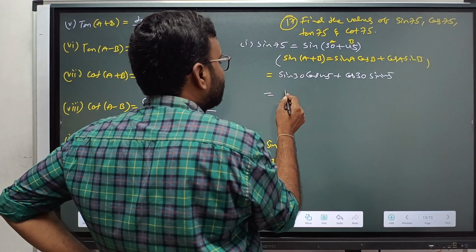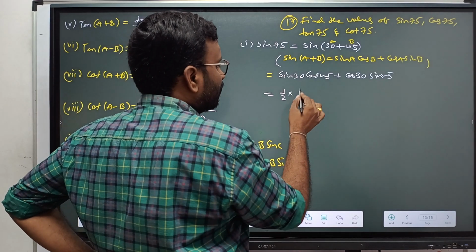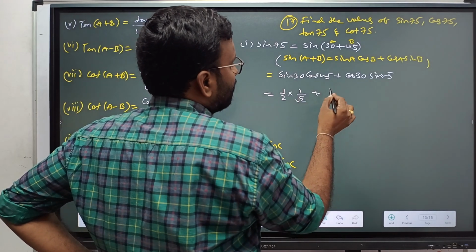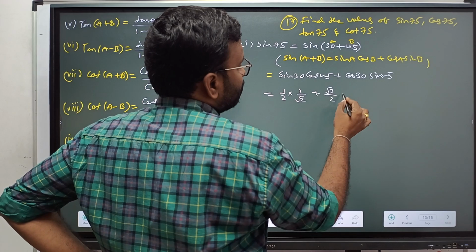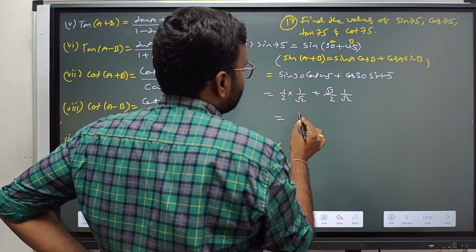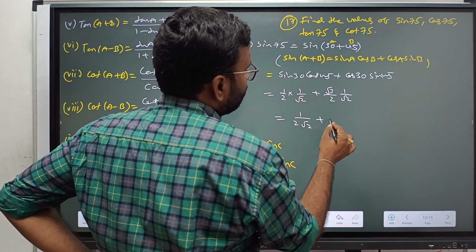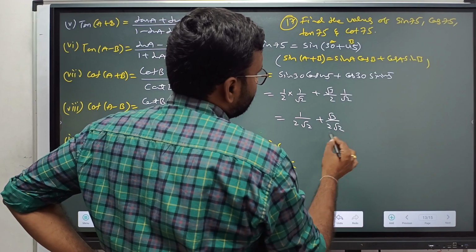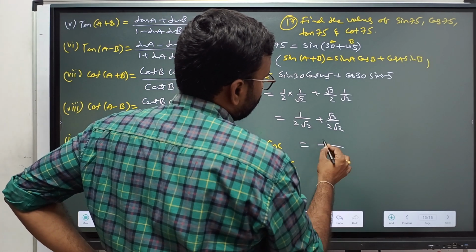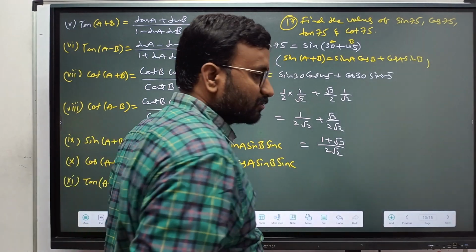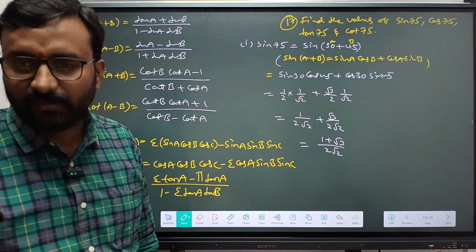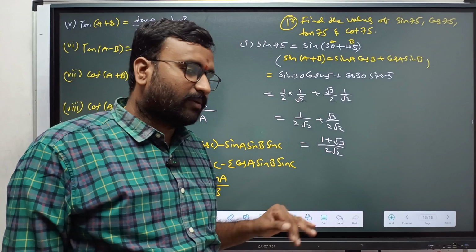You know these values: sine 30 is 1 by 2, cos 45 is 1 by root 2, cos 30 is root 3 by 2, sine 45 is 1 by root 2. That equals 1 by 2 root 2 plus root 3 by 2 root 2. The LCM is 2 root 2, giving 1 plus root 3. So the value of sine 75 is 1 plus root 3 by 2 root 2.